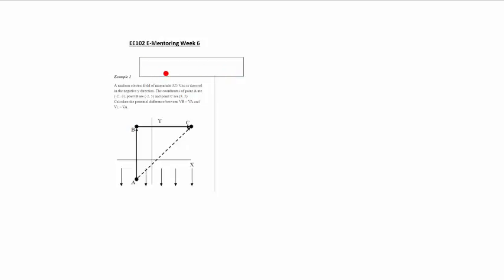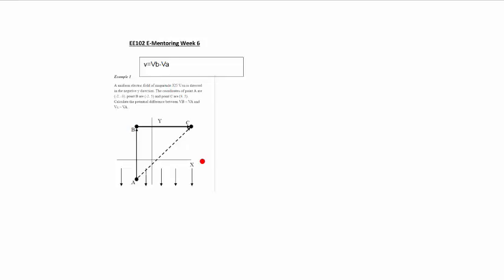So change in V is equal to the voltage of B minus voltage of A. Okay, so this is the formula that we have.